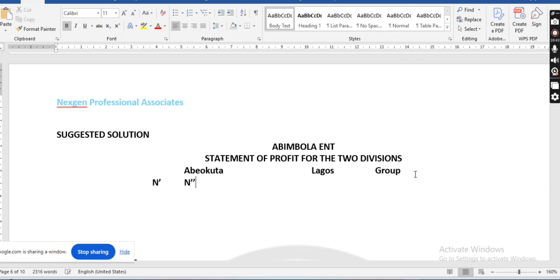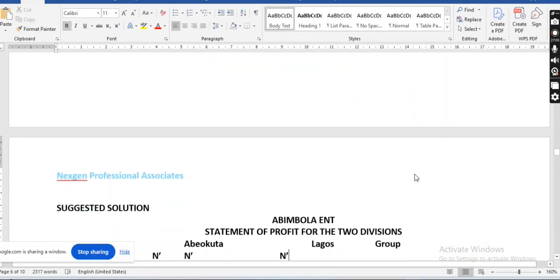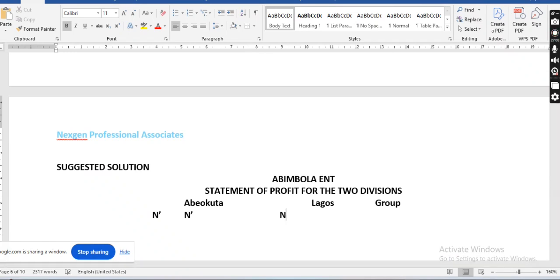Costs. Sorry, I need to just arrange it the way to make sense.